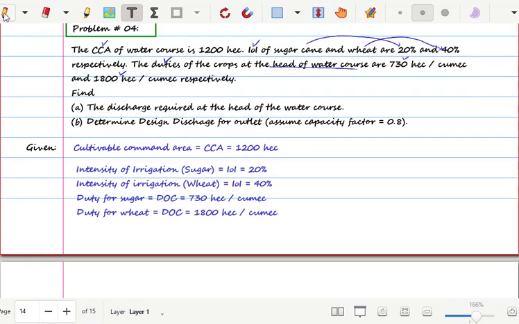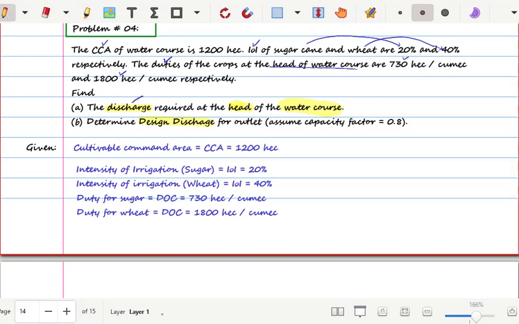The first thing we need to find is the discharge required at the head. Which head? Water course head. We need to find the discharge at the water course head. And the second thing we are asked to find is to determine the design discharge for outlet, assuming capacity factor 0.8. So two things we are supposed to find.